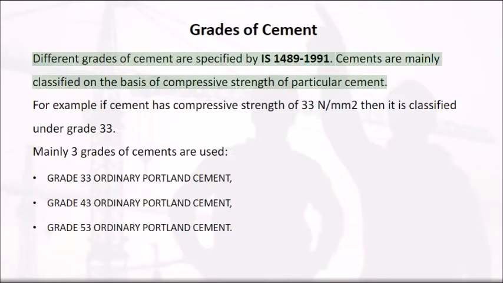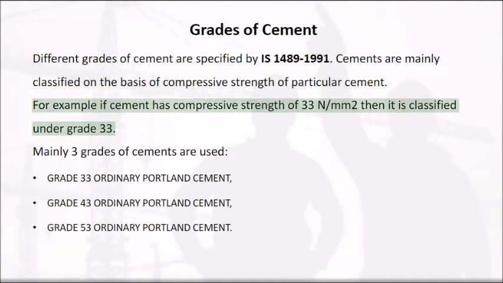Different grades of cement are specified by IS 1489-1991. Cements are mainly classified on the basis of compressive strength of particular cement. For example, if cement has compressive strength of 33 N/mm2, then it is classified under grade 33.